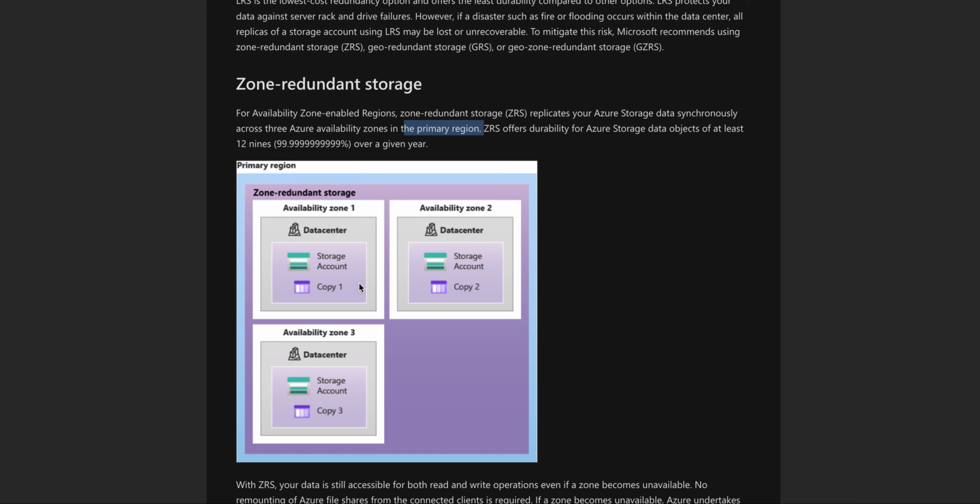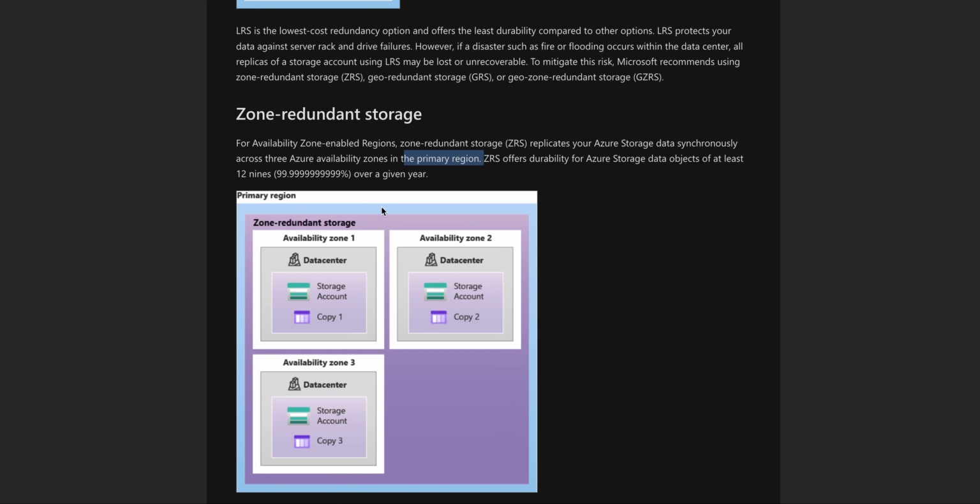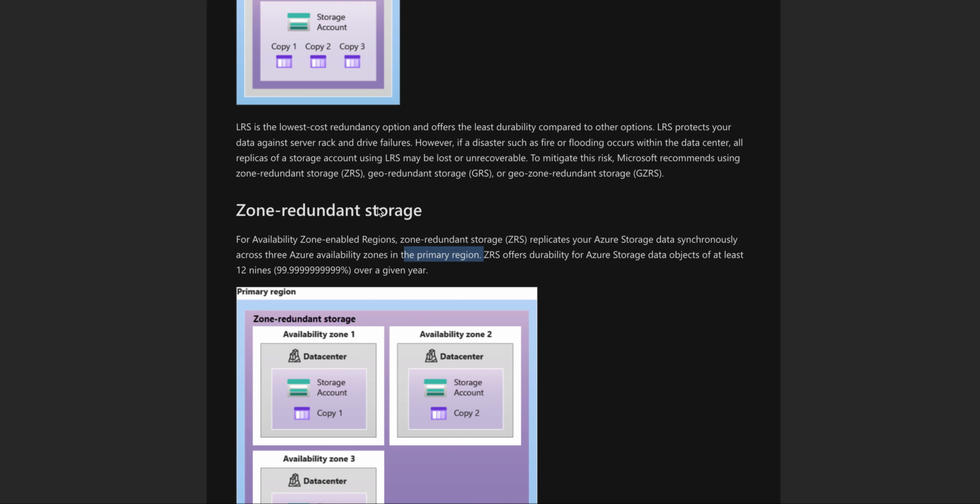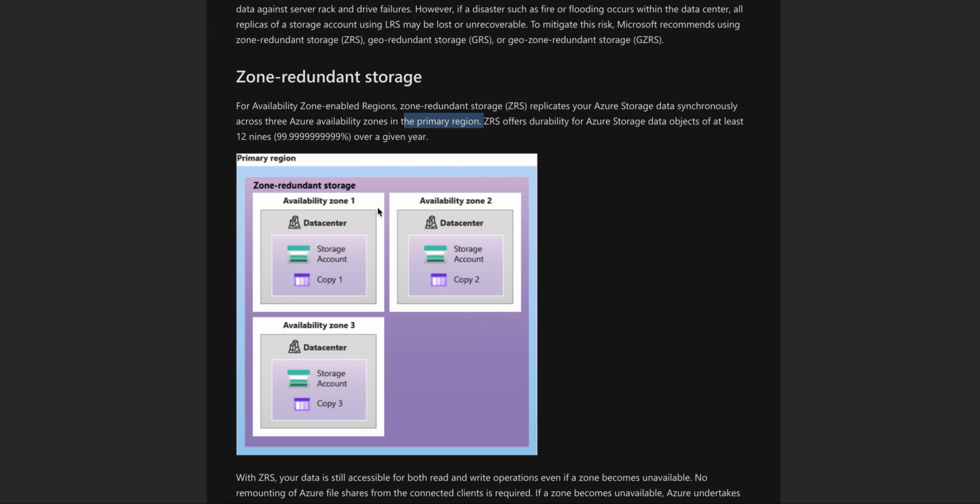So even if one data center fails, like a server rack failure or a drive failure, you still have the copy in the other 2 data centers.